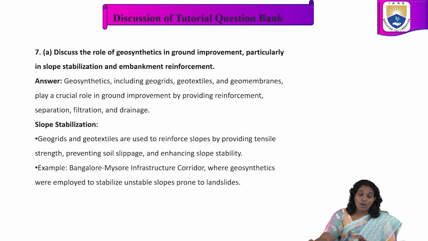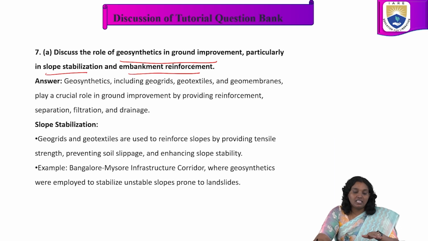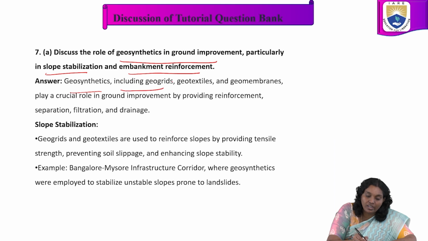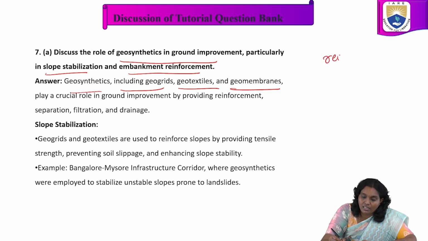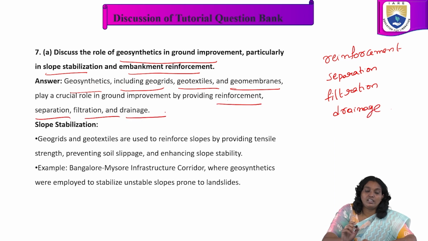Now discuss the role of geosynthetics in ground improvement, particularly in slope stabilization and embankment reinforcement. Geosynthetics, including geogrids, geotextiles, and geomembranes, play a crucial role in ground improvement by providing reinforcement, separation, filtration, and drainage.